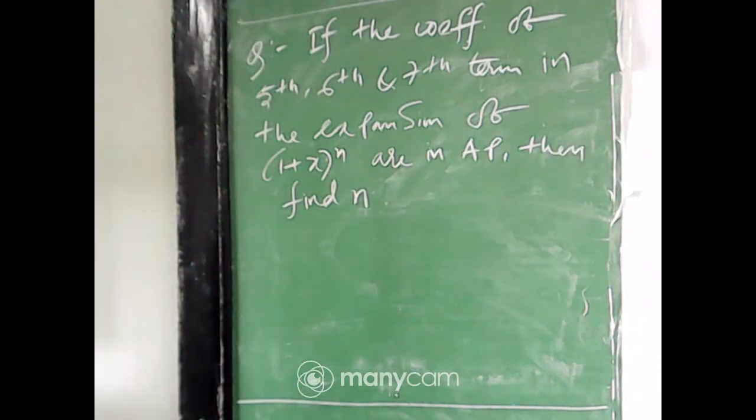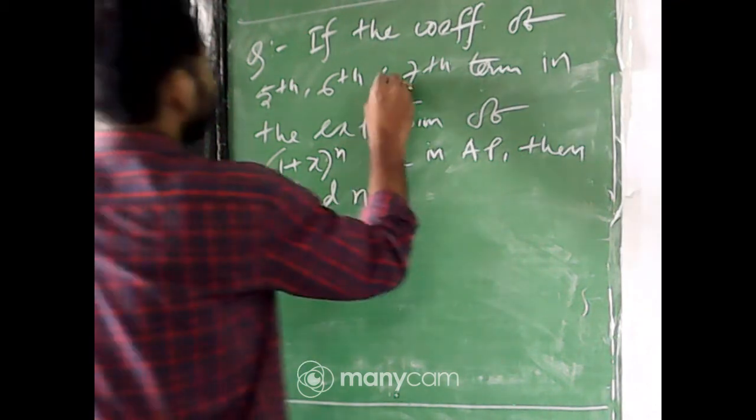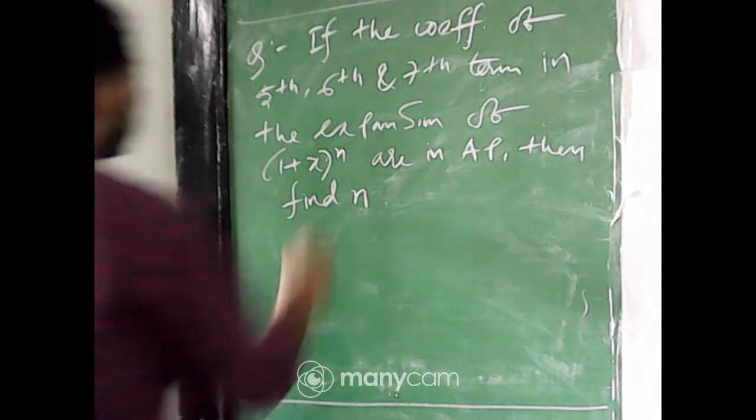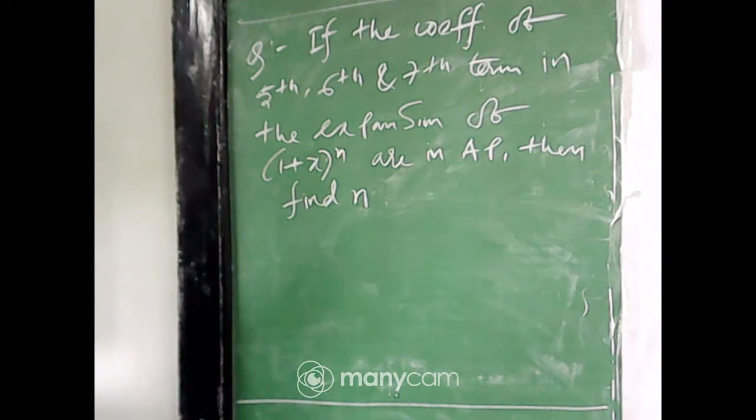That is the problem. If the coefficients of the fifth, sixth and seventh terms in the expansion of 1 plus x to the power n are in AP, then find n.